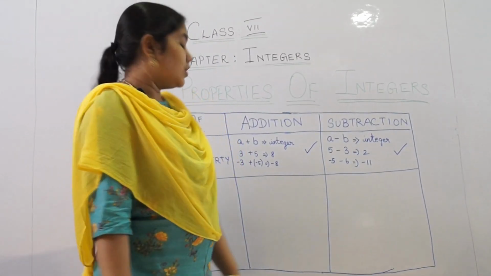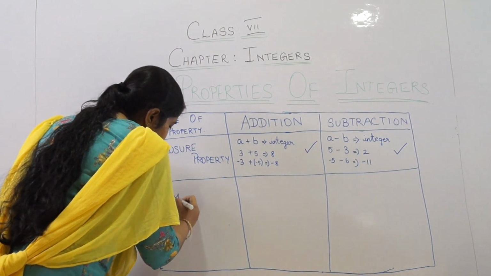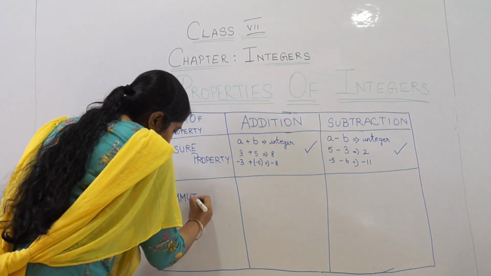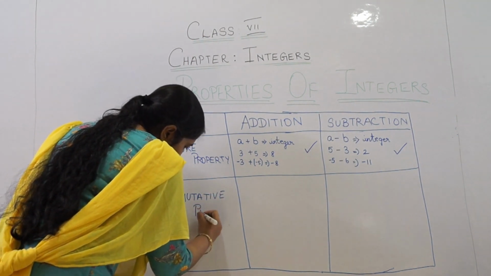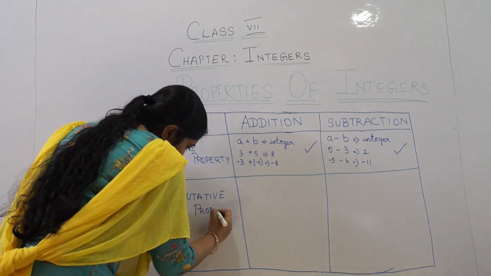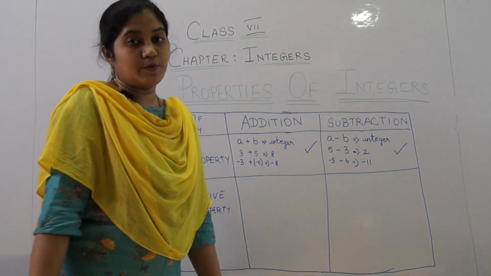Next, let's move on to the commutative property. So the second property is the commutative property. What is the commutative property?